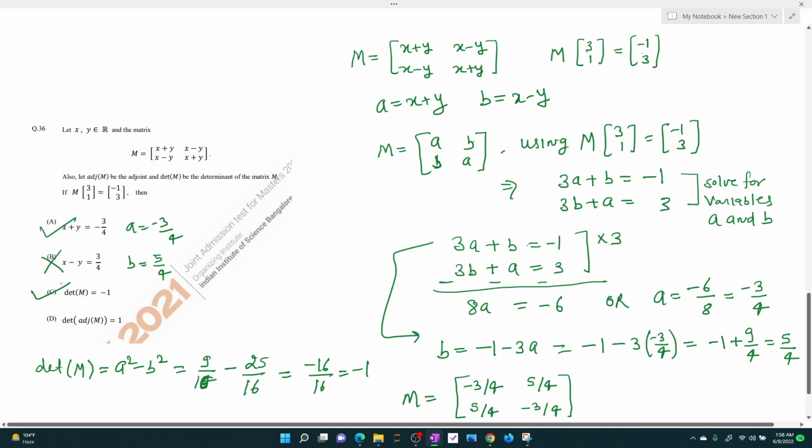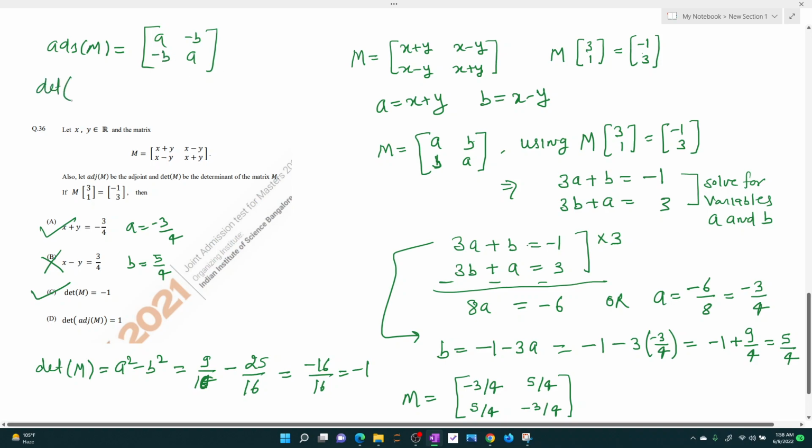Now let's find the determinant of the adjoint of M. We can see how the adjoint of M will look. This is a 2 by 2 matrix, right? So the main diagonal will remain as it is, and the other diagonal will change its sign, so this becomes negative of b, negative of b.